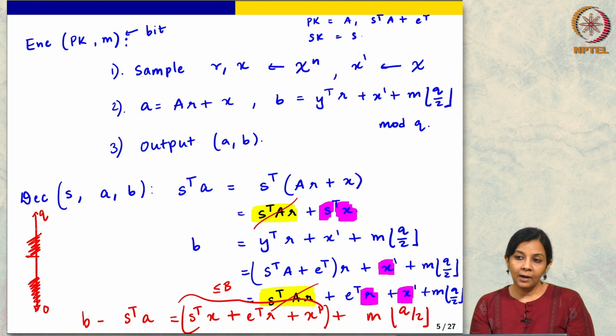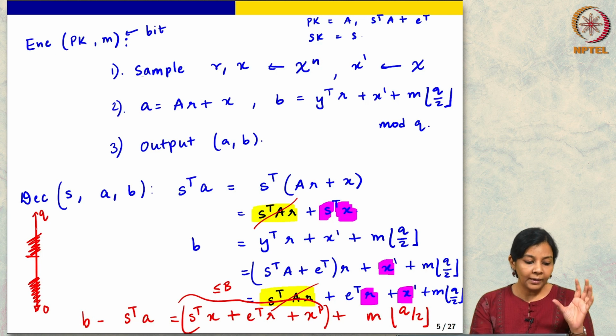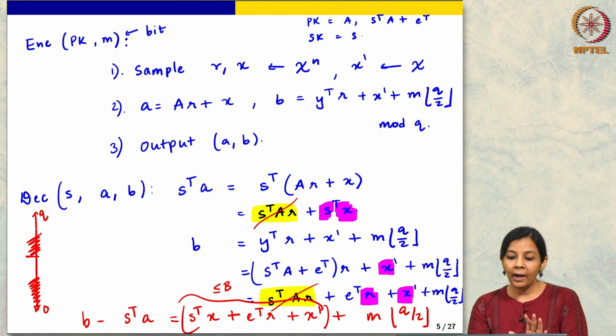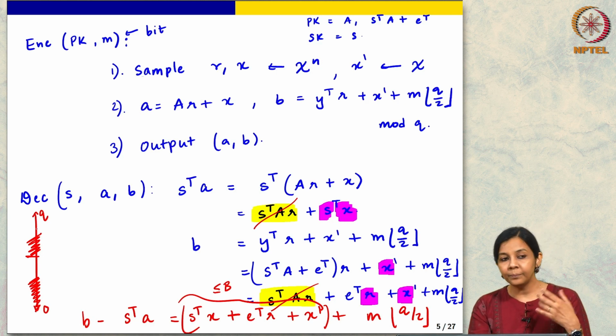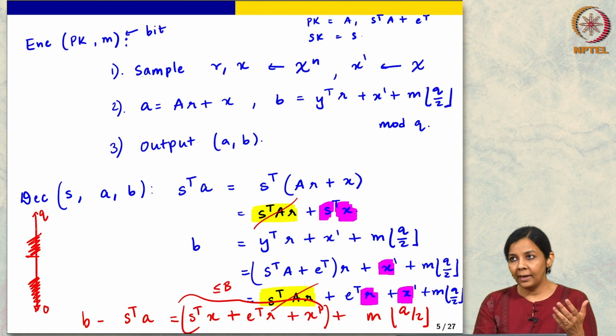This lets me recover the message bit. Is the correctness clear? So, we need to set the parameters. For correctness we need to ensure that the error will be small. Let us do that, but at least at a high level is this idea clear?